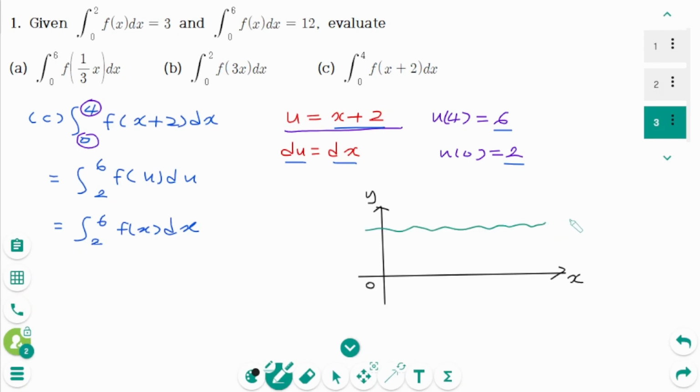There is a continuous function y equals f of x on the closed interval determined by 0, 2, and 6.